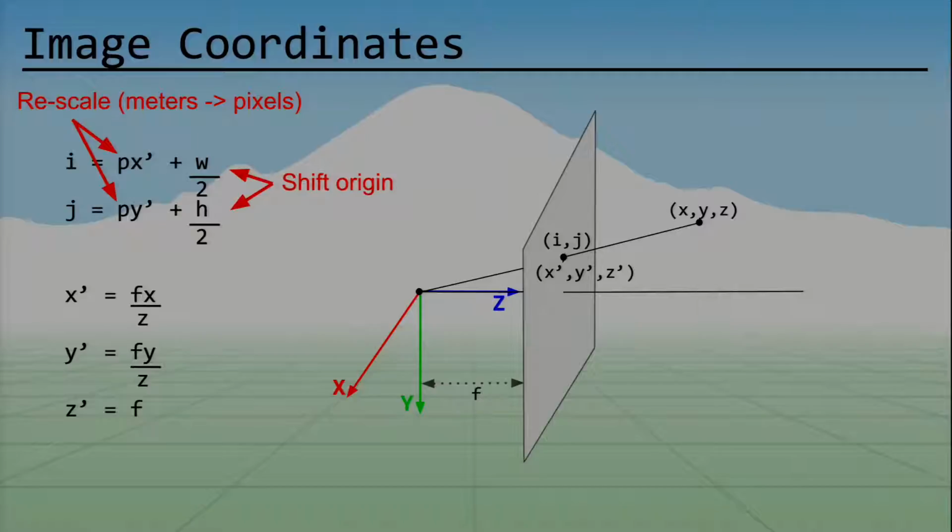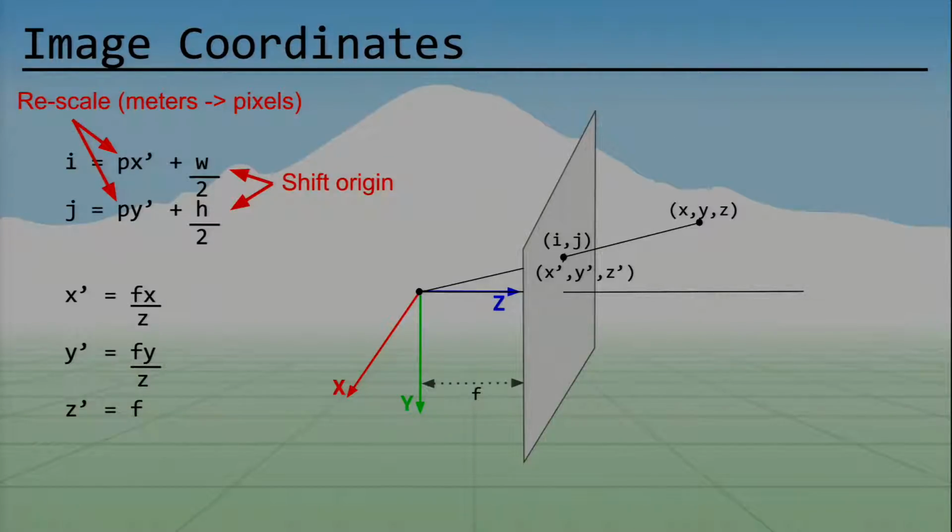You can think about going between image coordinates and pixel coordinates in terms of a rescale and a shift. Basically, we're rescaling it, converting it from meters to pixels, and then shifting the origin to being in the upper left instead of in the center. So image coordinates are just a more convenient way of doing the math on the image plane instead of using pixel coordinates.